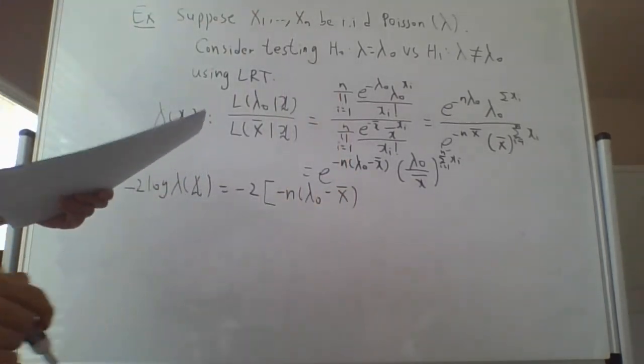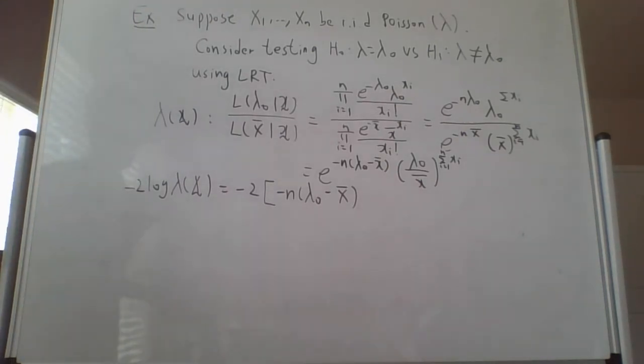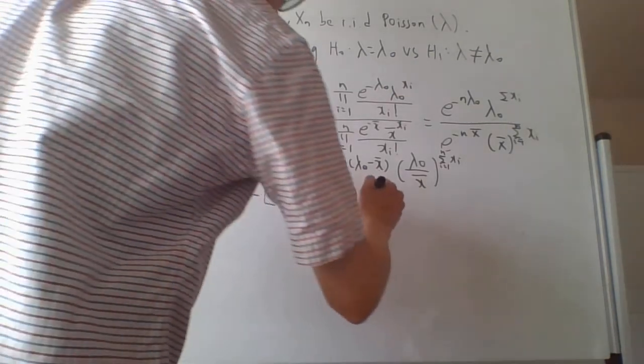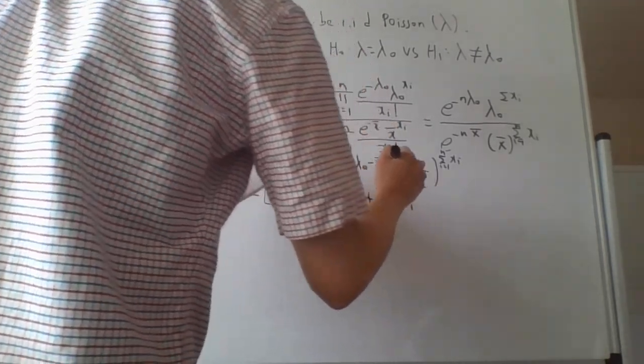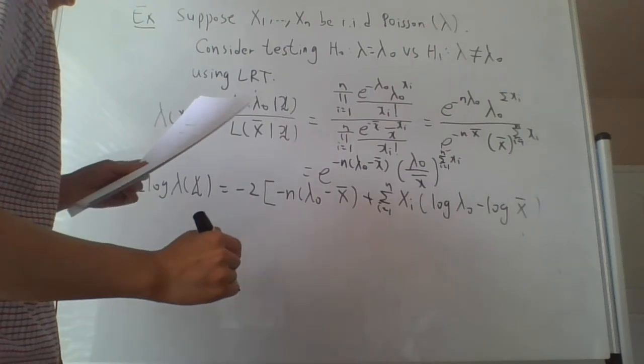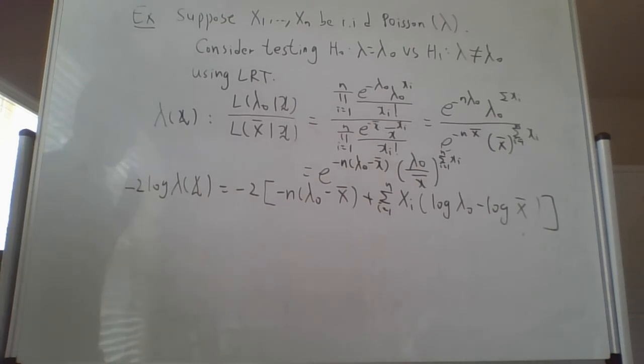If you take a log of the likelihood ratio test statistic, the first term is minus n times lambda 0 minus x bar. The next term is the sum of xi times log lambda 0 minus log x bar.